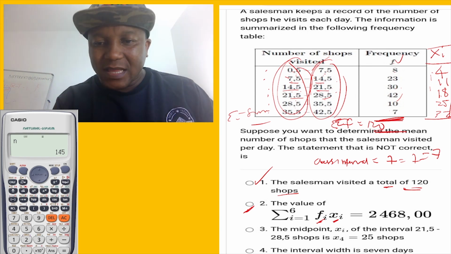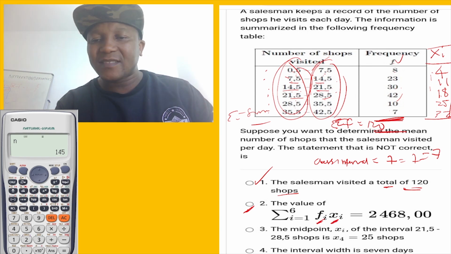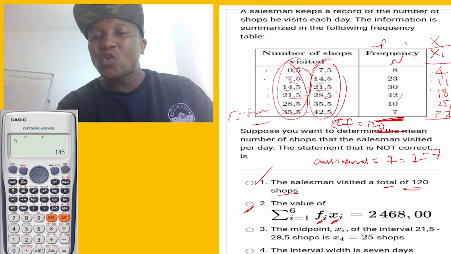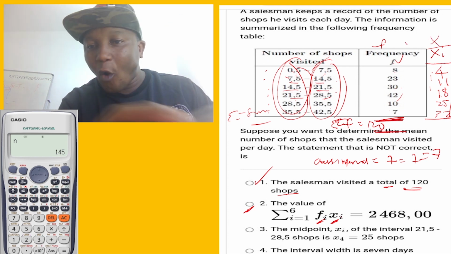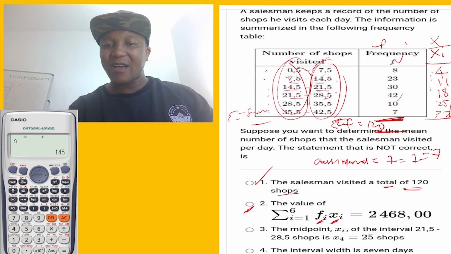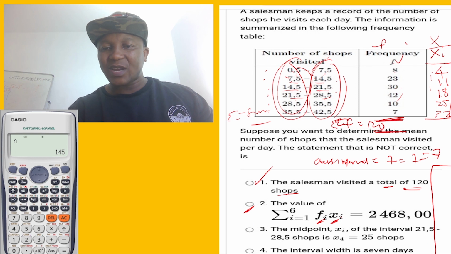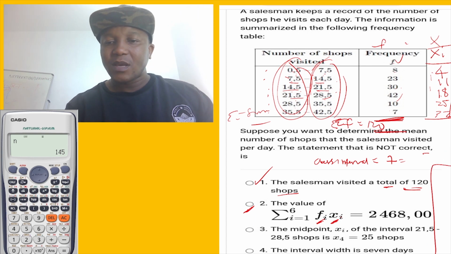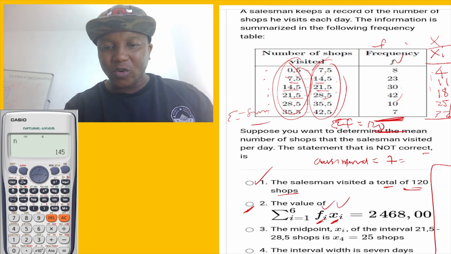So now they want the sum of f and x. So this is f and this is x. We need to multiply, because it's f times x for all of them, and then find the sum. Because the space is not enough, I have to create another table here. In this table we put f times x.